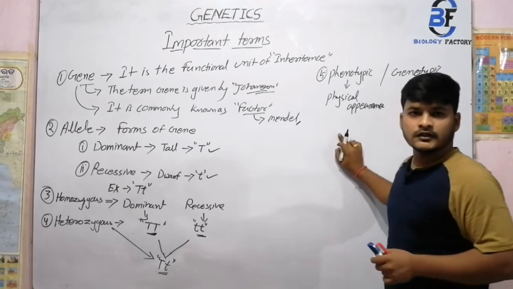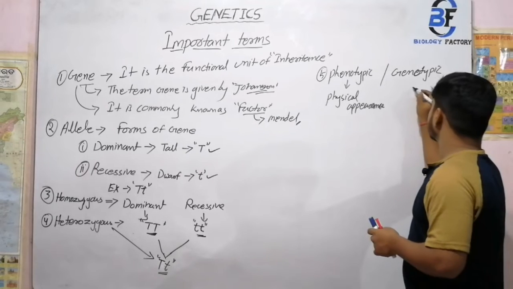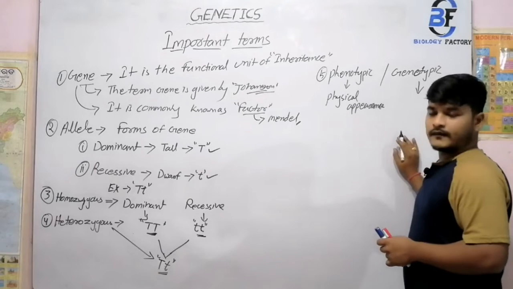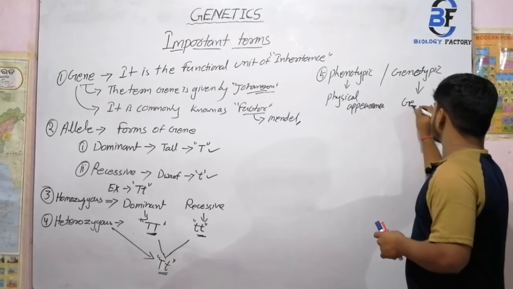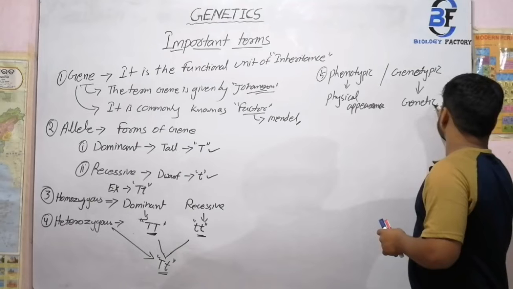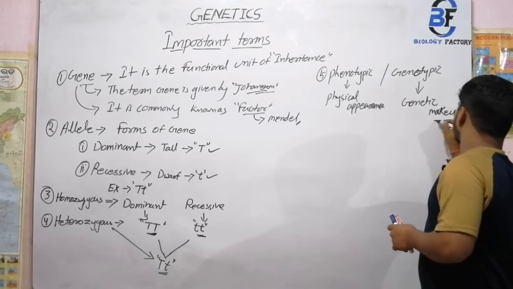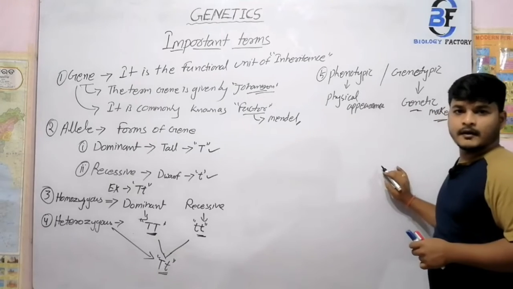Here we talk about the physical appearance of a trait. Next, in genotypic condition, we discuss the genetic makeup.